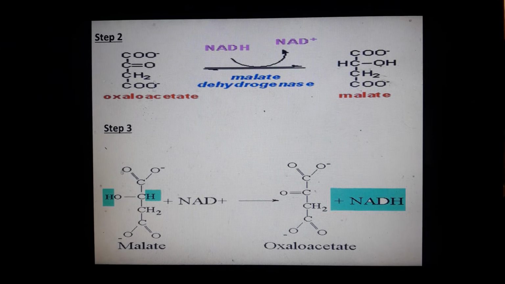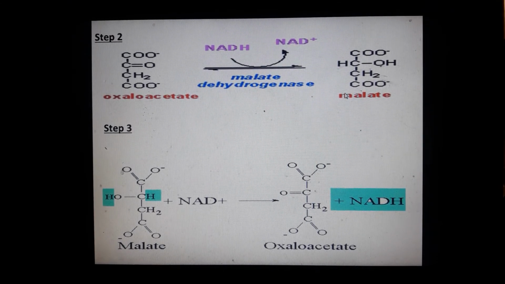So in step 2, ganito. Oxaloacetate. From pyruvate to oxaloacetate, that is carboxylation. Then we have what we call the dehydrogenation process, acted on by the enzyme malate dehydrogenase, and it will be converted to malate. And malate, again, will be converted to oxaloacetate. Why?